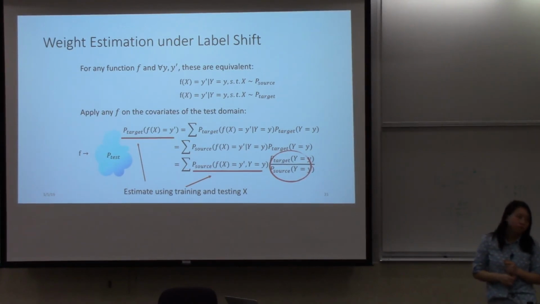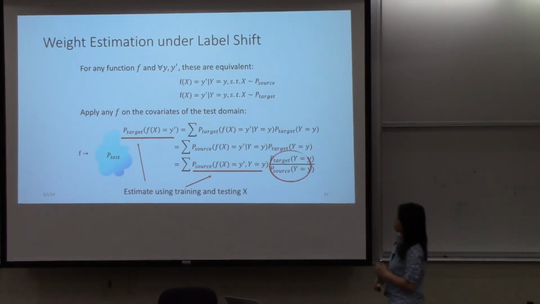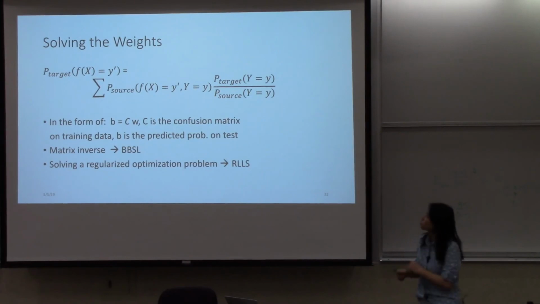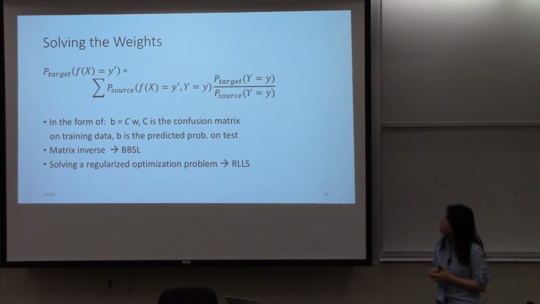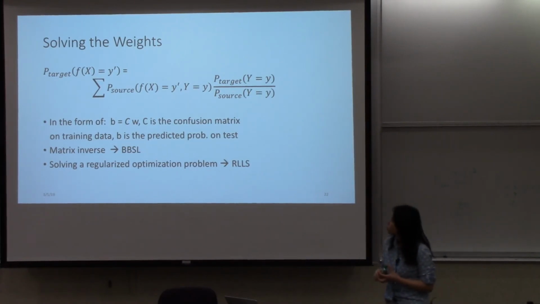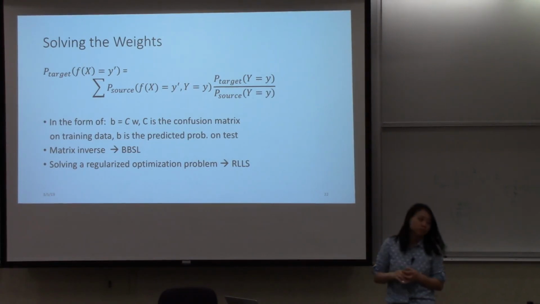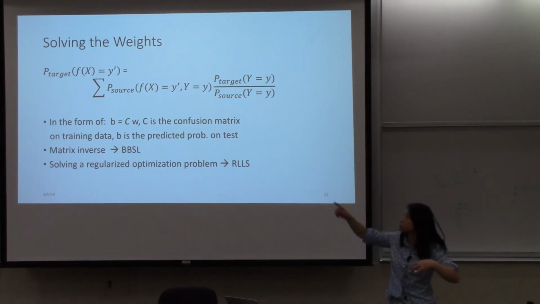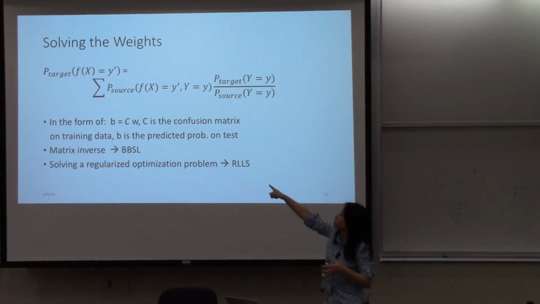So you can now go back and relate it to just the source distribution, which you can evaluate: the confusion matrix in the source. The capital C matrix you can evaluate. Of course, you have a limited number of samples, so you have some perturbation, but you can evaluate this. And the B you can also evaluate because you just apply the predictor to the target data. So both B and C you can evaluate.